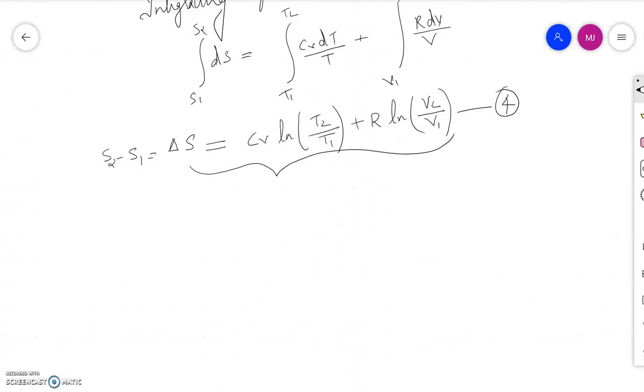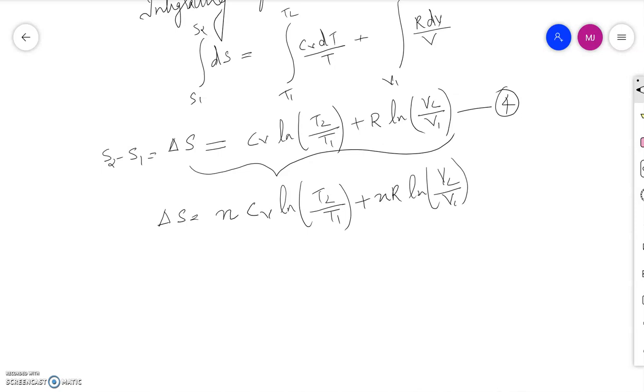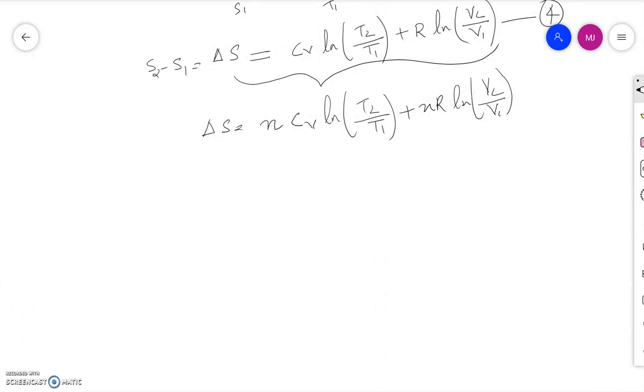And for n moles of the ideal gas, the equation will be delta S is equal to nCv ln T2 by T1 plus nR ln V2 by V1. Now taking case 1, we are taking the isothermal process.